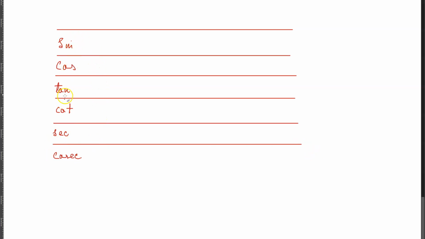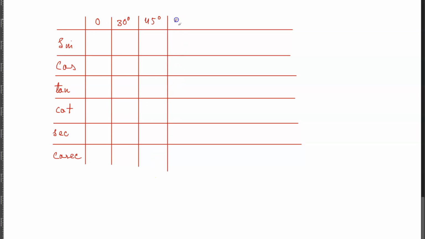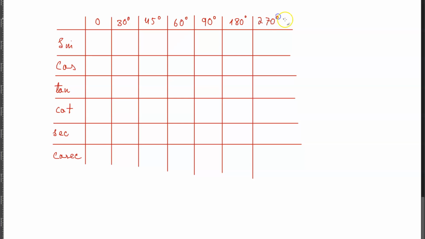And well, of course, knowing these is not necessary in order to create this table, as long as you know the sine of some angles, like for example 0 and 30 degrees, and 45 degrees, and 60 degrees, and 90 degrees, and 180 degrees, and 270 degrees, and also 360 degrees.